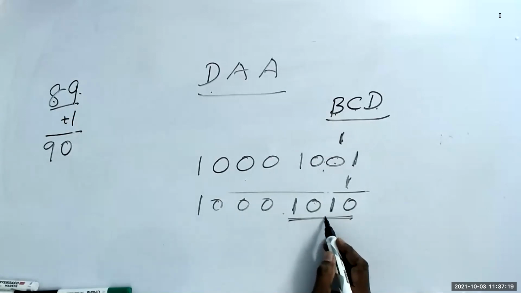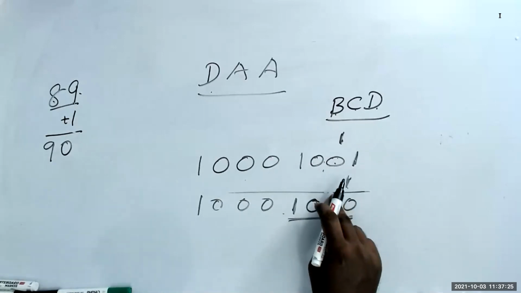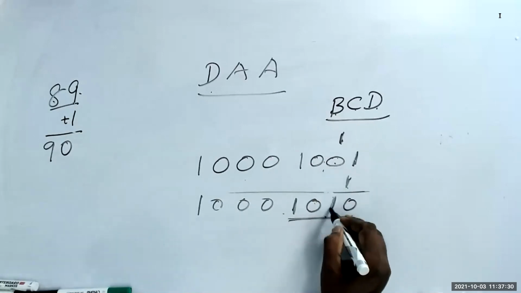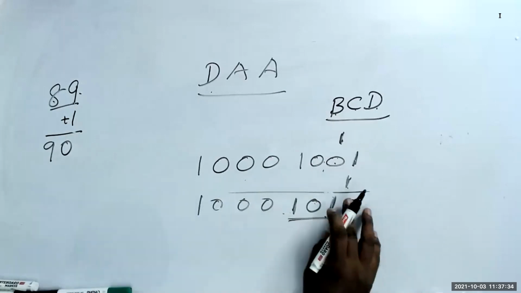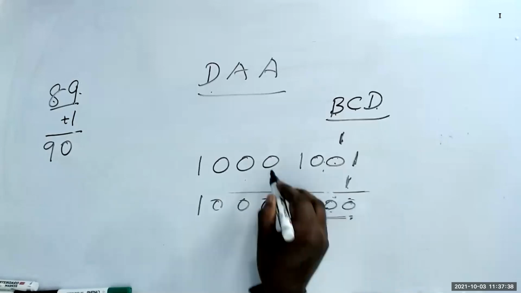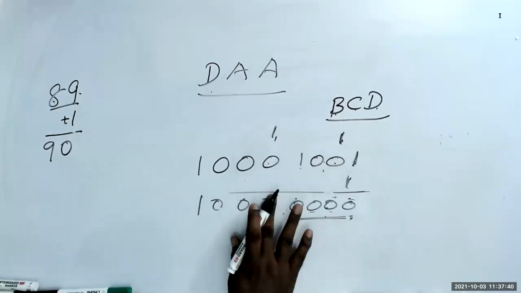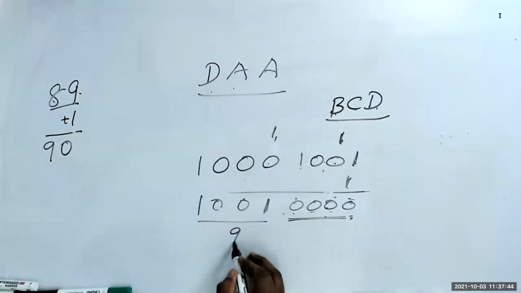Then it will subtract 10 here, so this becomes 0, and add 1 to the next digit, so it becomes 9. That's called DAA. Now this becomes 90.